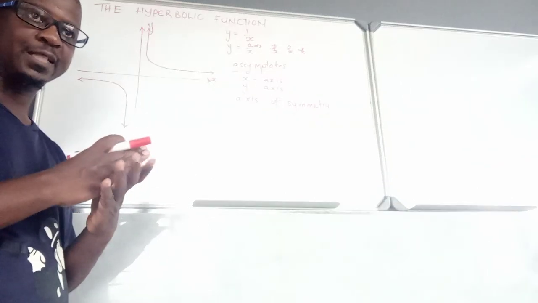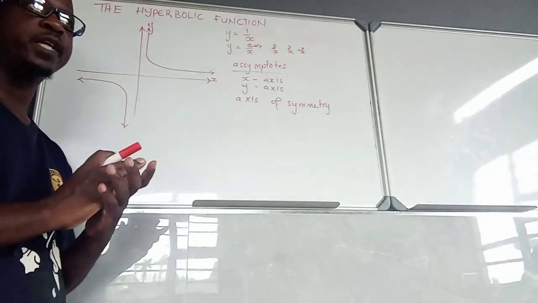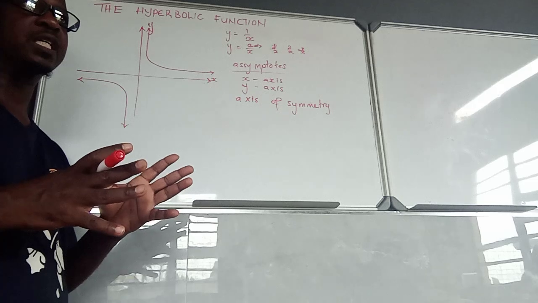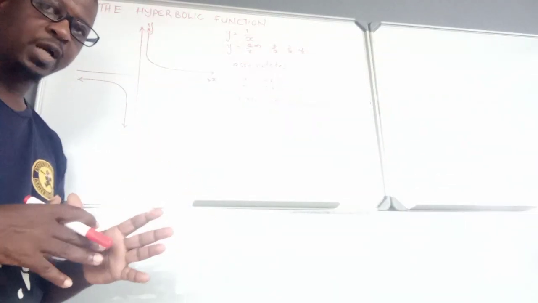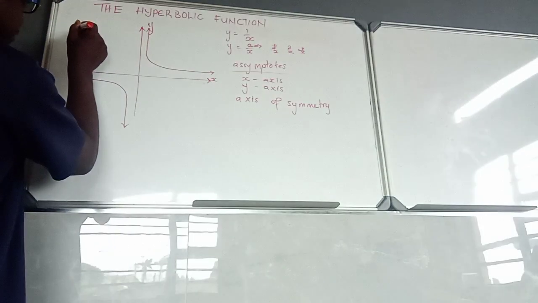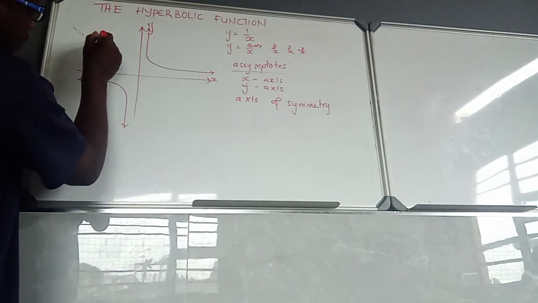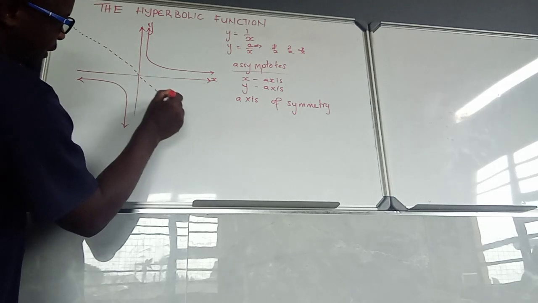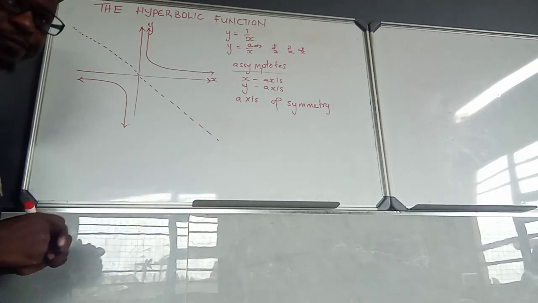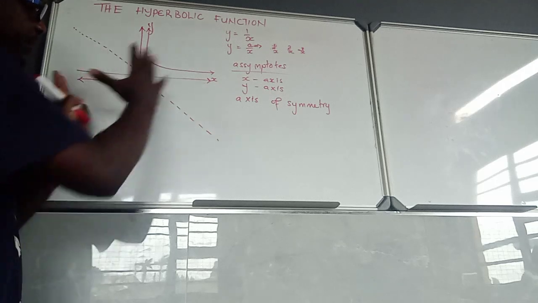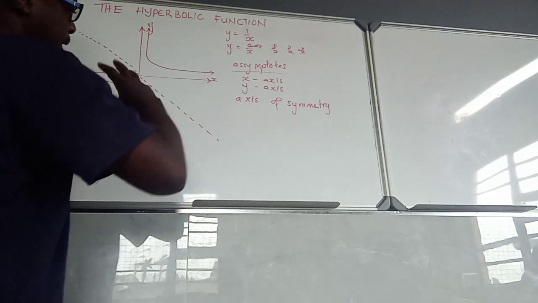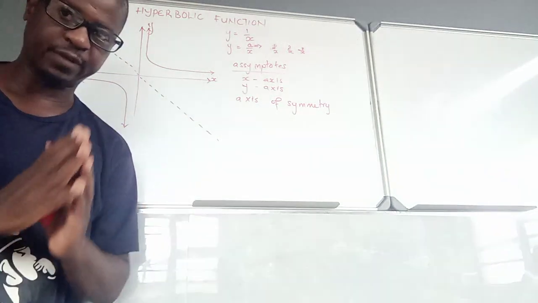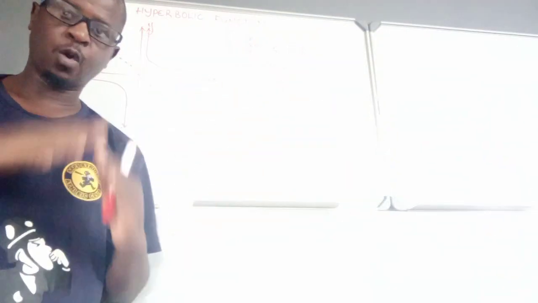When we draw it, our graph is distributed evenly into two parts. For instance, if I draw a straight line like that, I will find that one part is on the top side and the other part is on the bottom. So this graph is split into two equal parts.